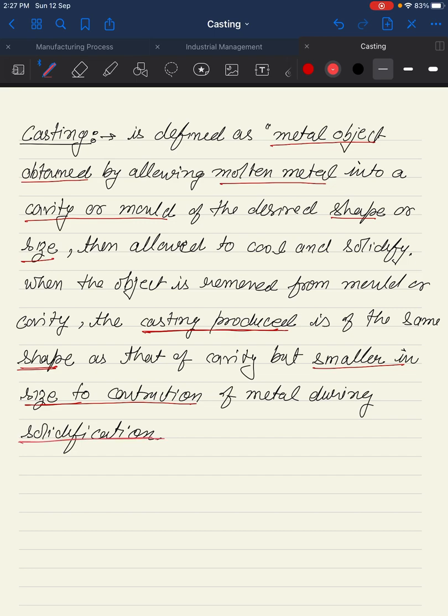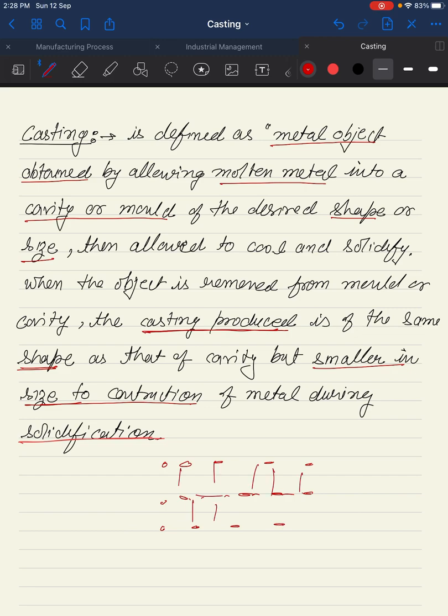Okay, what is this solidification? Why is the size of a cast object or a produced object smaller? Please try to understand. Whenever the metal molecules are in a liquid state, they have space between them.